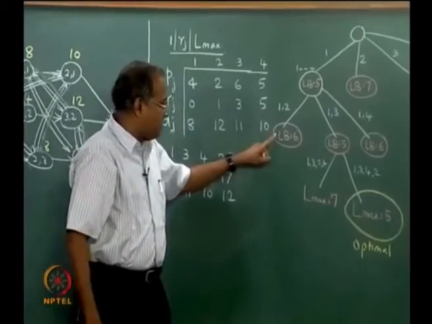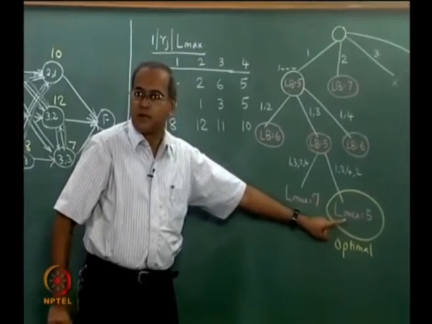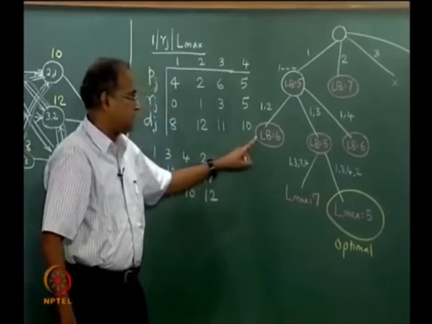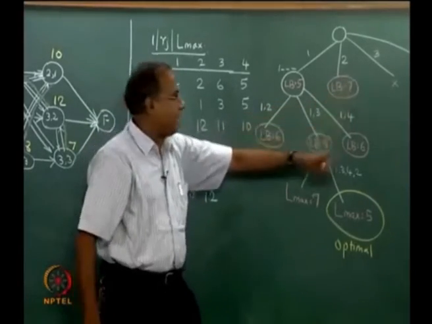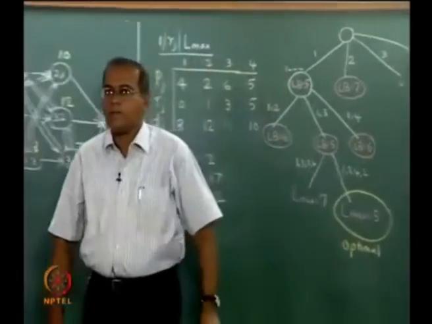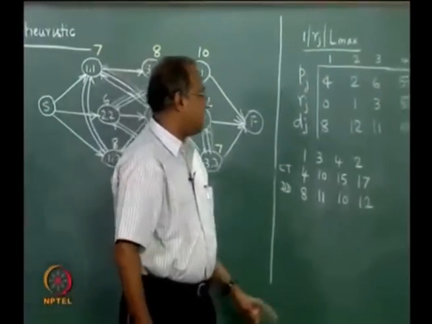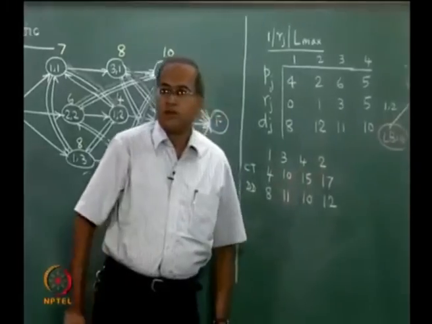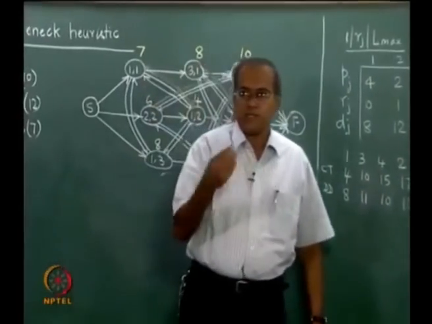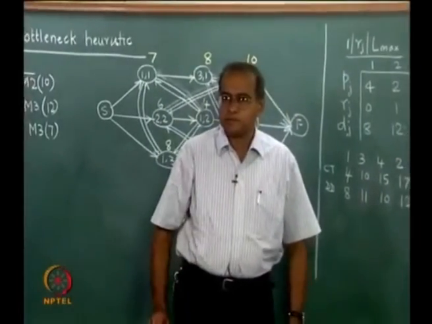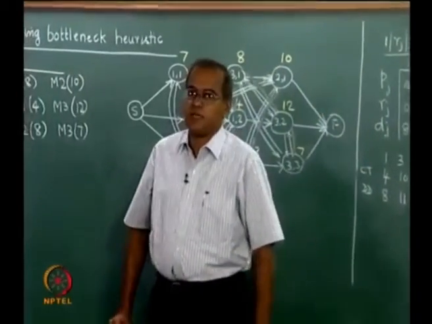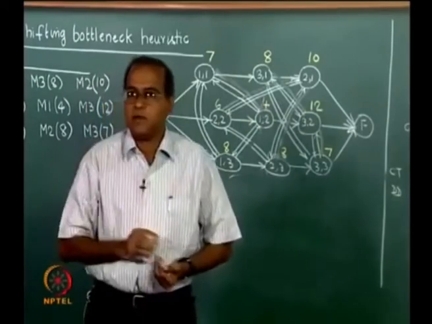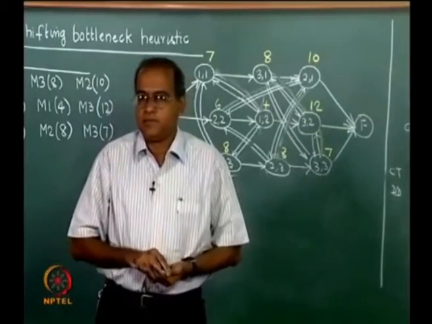So, here the lower bound is higher than the current best upper bound. So, we need not proceed, and in any case these two we will not do. Therefore, we can go back and say that 1342 with L max equal to 5 is indeed optimal.